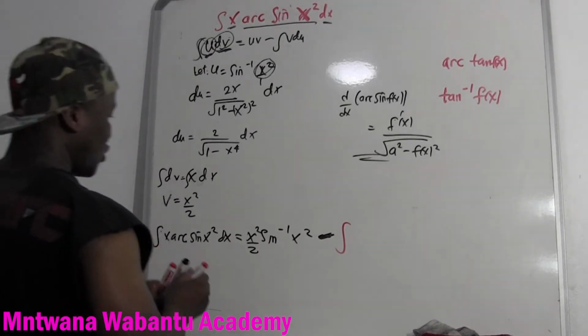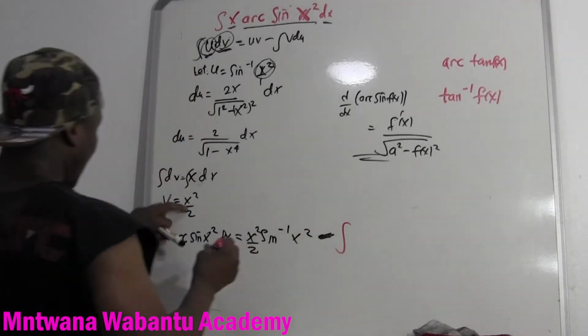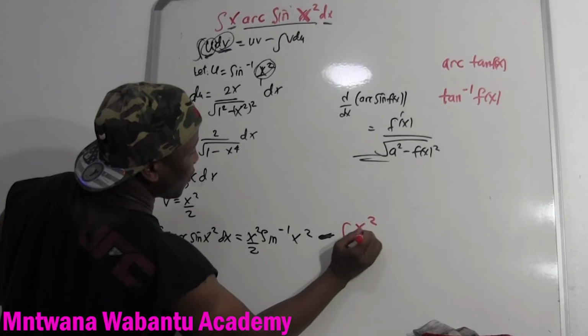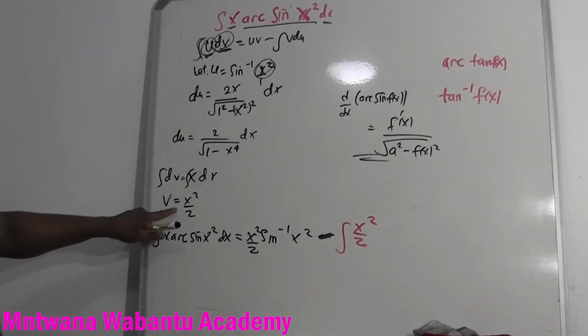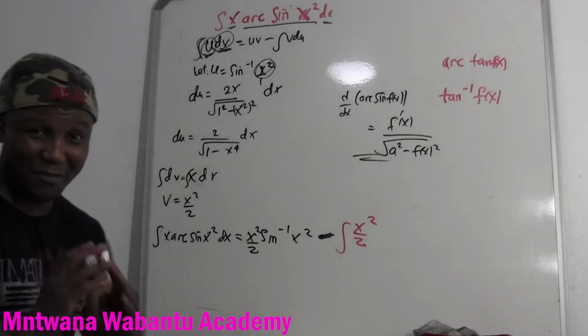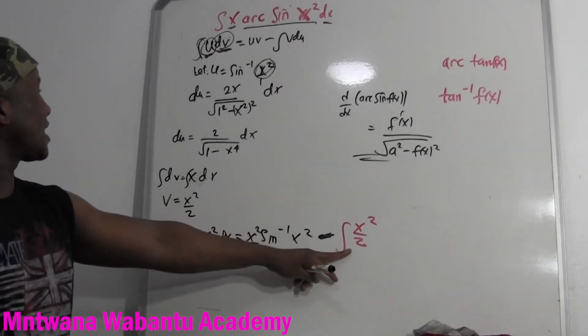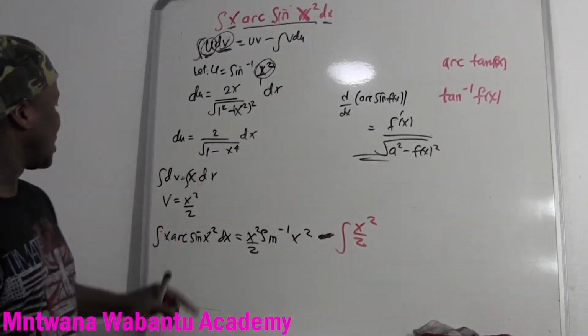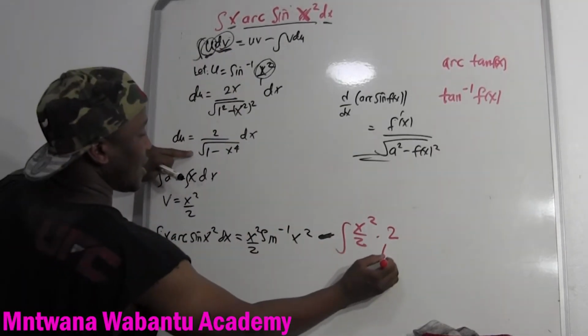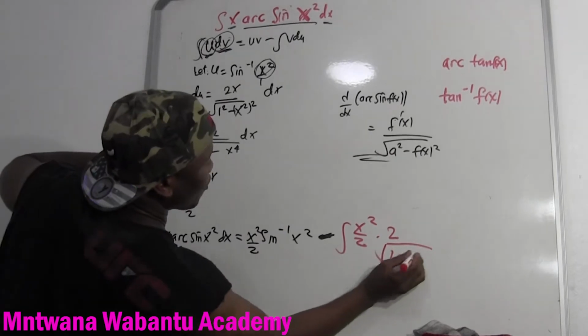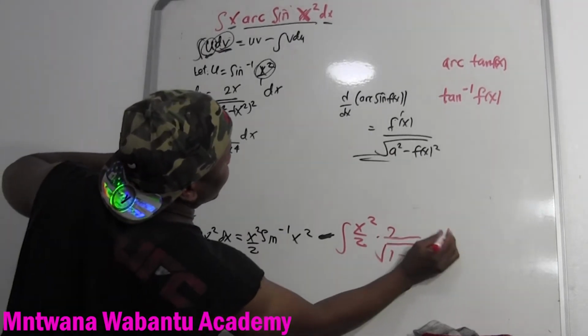Our v is x squared over 2, and then there's a du. What is du? du is 2x over the square root of 1 minus x to the power 4, dx.